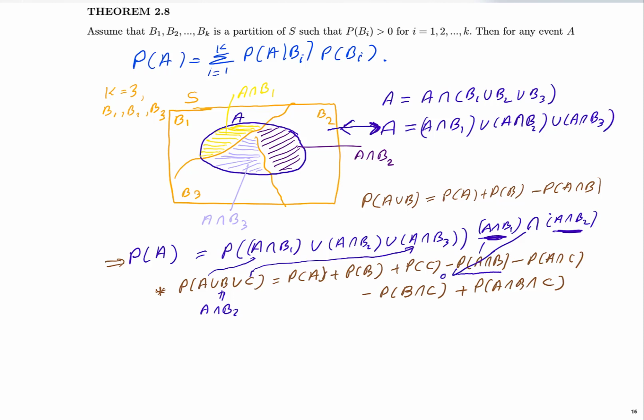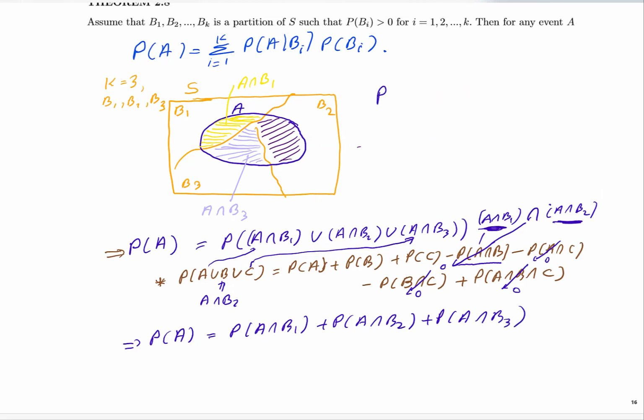Therefore, this becomes 0, this becomes 0, and this becomes 0. Therefore, the intersection of each three sets also becomes 0. So then in our case, P(A) equals P(A intersection B1) plus P(A intersection B2) plus P(A intersection B3).